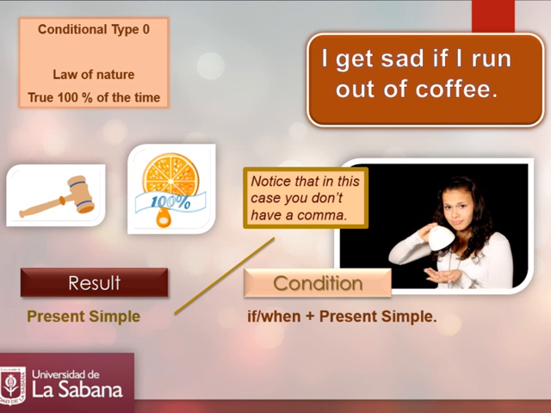Notice that you can also change the position of the result and the condition, but in this case there is no comma. So once again, we use conditional type 0 if we are talking about laws of nature, or if we are talking about something that is always true all the time. And we use the present simple in the result and in the condition.